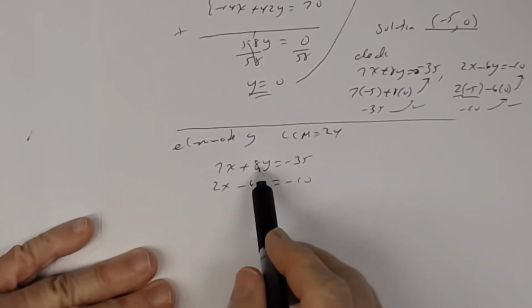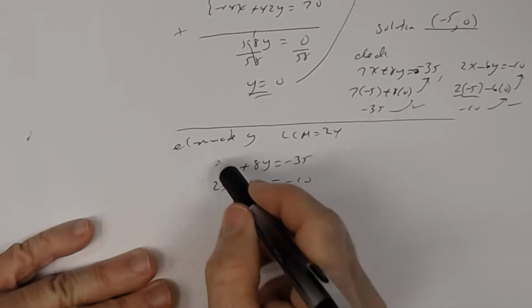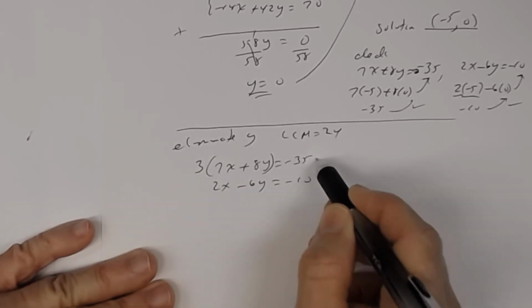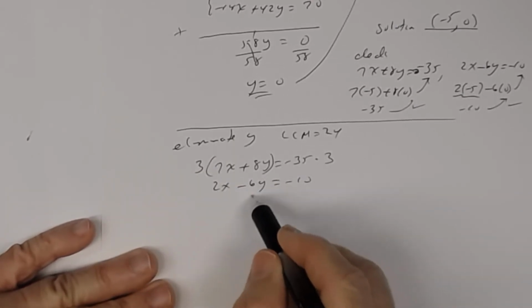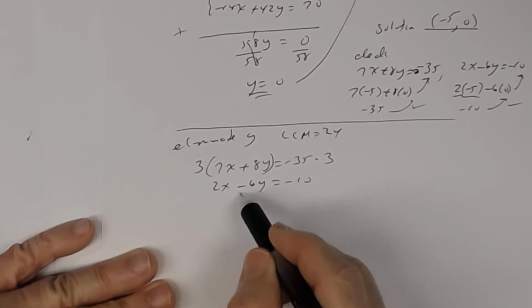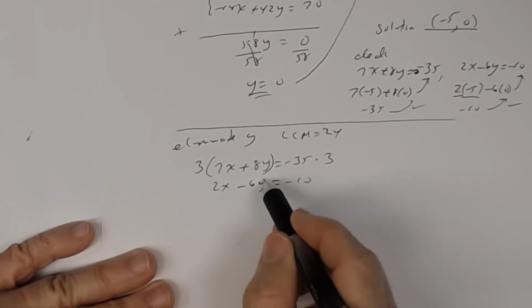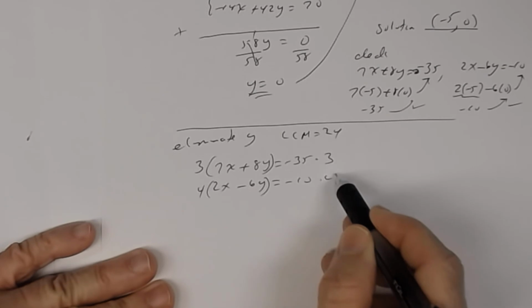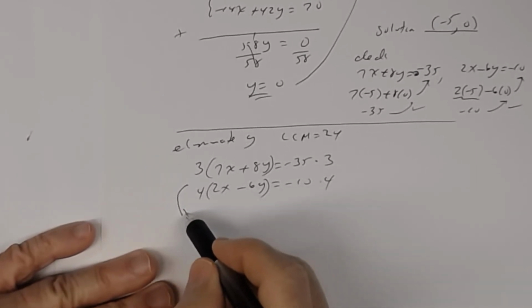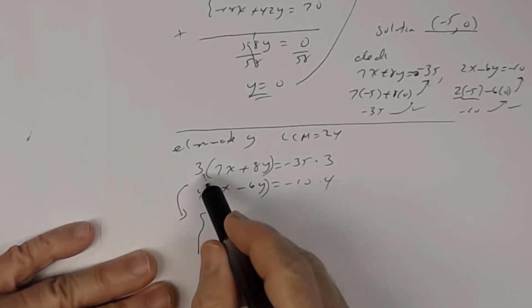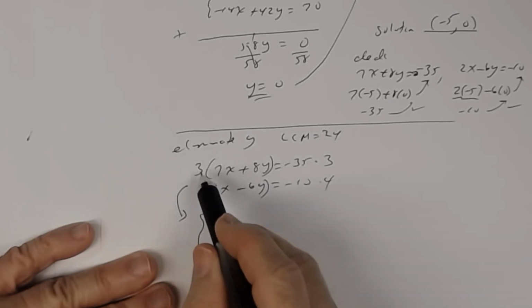So to make this 24, I've got to multiply 8 by 3. So I'm going to say times 3, times 3. To make negative 6 into negative 24, I've got to multiply by 4, times 4, times 4. All right, now when I do that, let's go ahead and get rid of the parentheses.